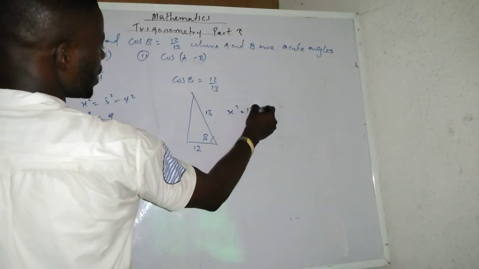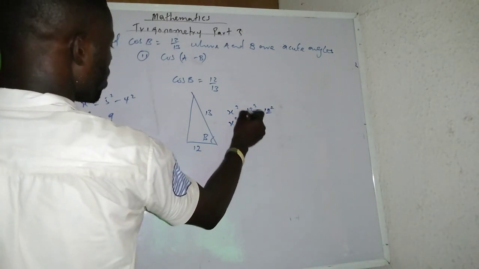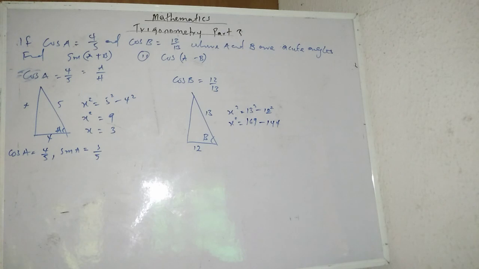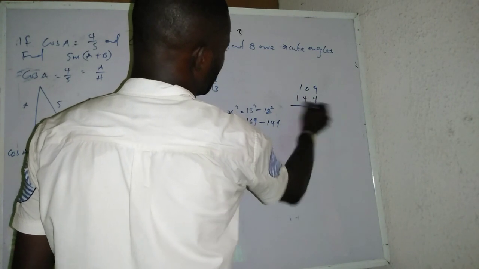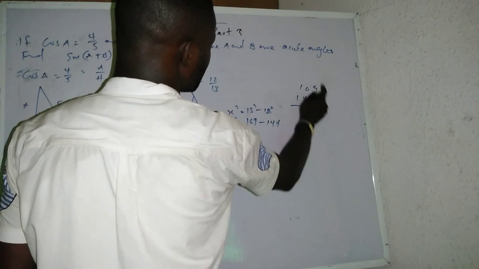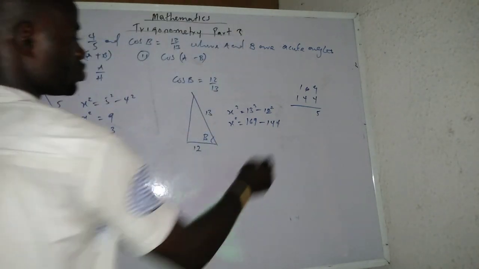Now, since I have 12 and 13, x squared equals 13 squared minus 12 squared, which is 169 minus 144. If we subtract that together, it will be 25.